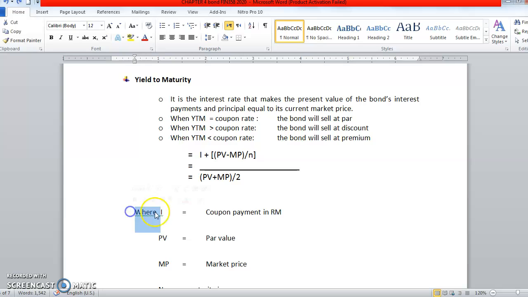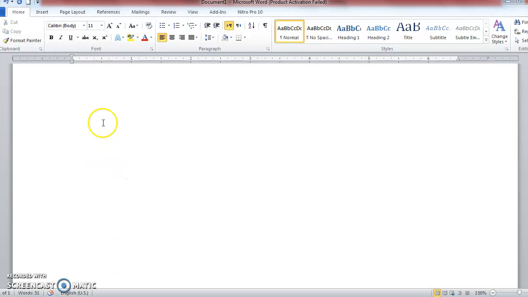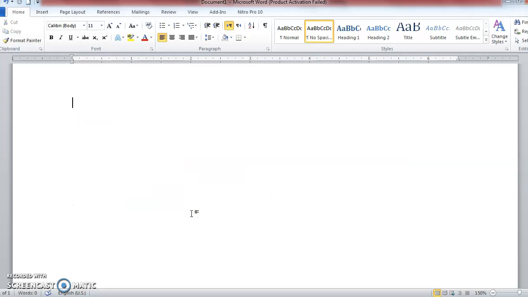So what does it mean by I? I is the coupon payment in RM. Remember, I is the coupon payment in RM. So I'll give you an example. Let's say for this bond, the coupon payment is 5%.